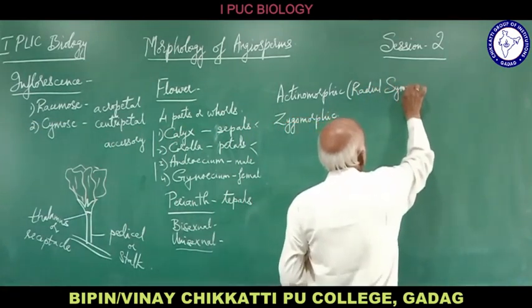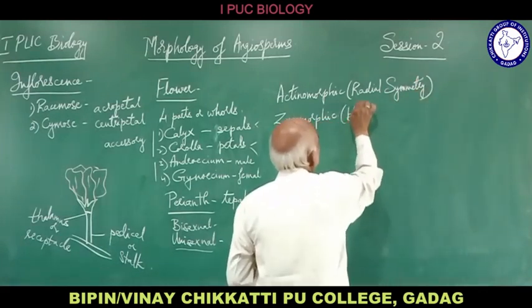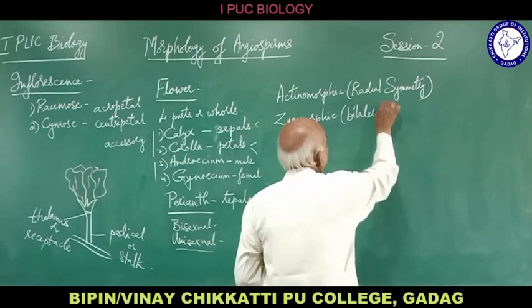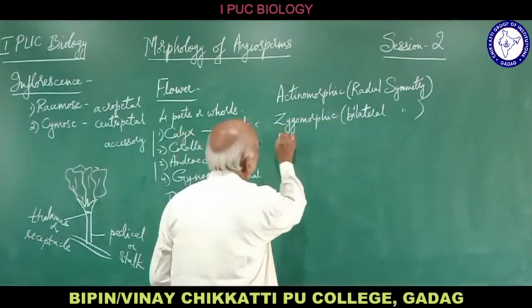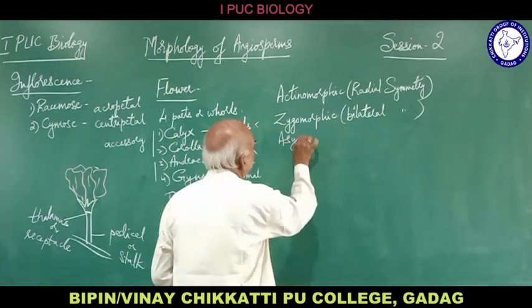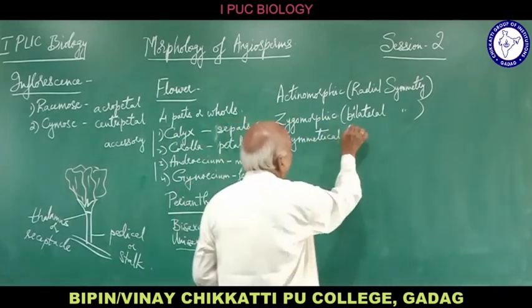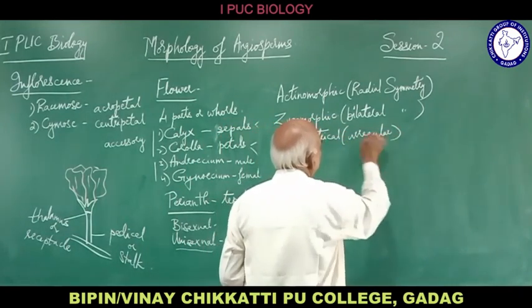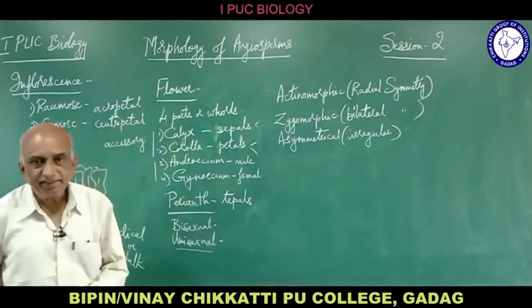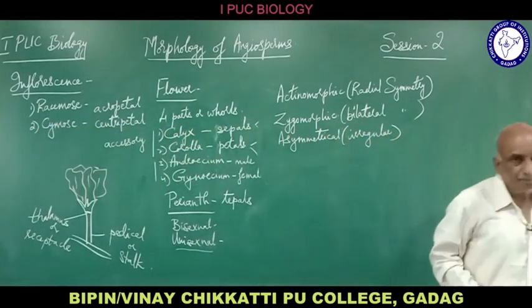When we study about animals, this is in relation to the animals, and here asymmetrical, or they are called irregular flowers. So what is an actinomorphic flower? A flower having radial symmetry.